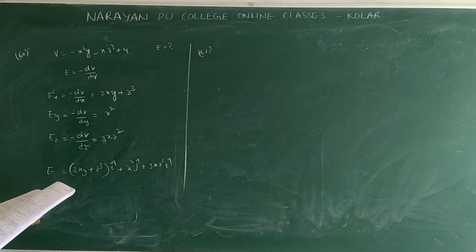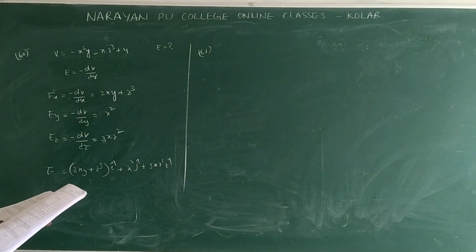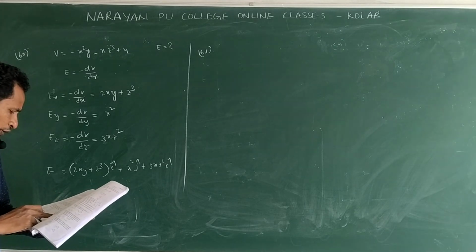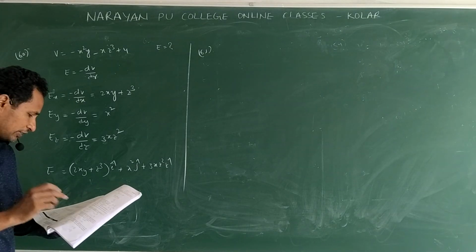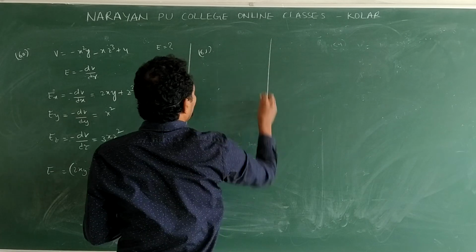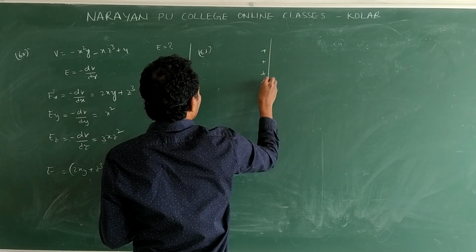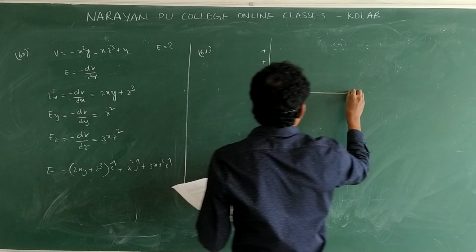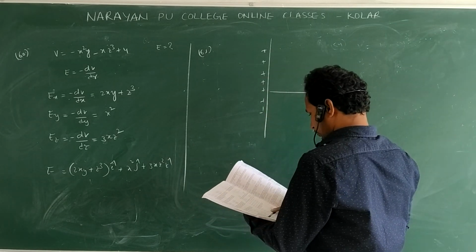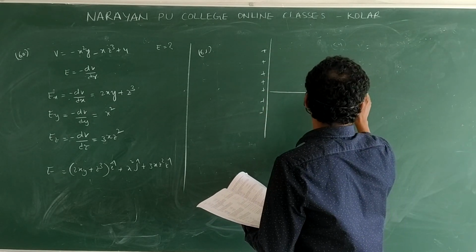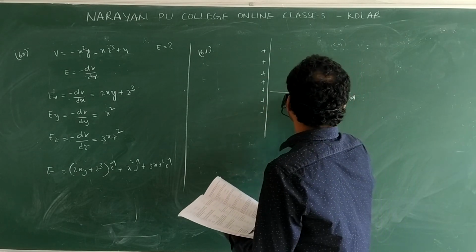Now come to the last one. Consider the situation as shown. The work done in moving a charge q from 2d to d is asked. We have a linear charge lambda, from here this is 2d and this is d.